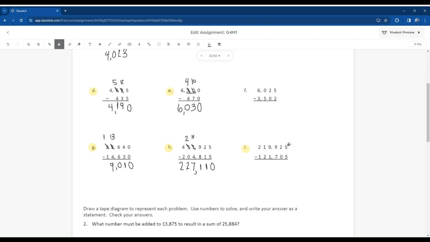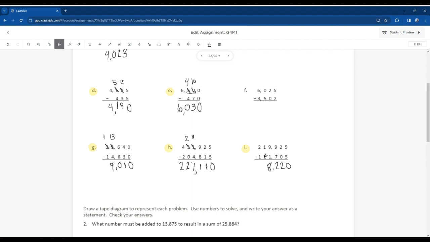And the last of our what I like to call straight up subtraction problems, without much of a context of a word problem, just practicing the skill, letter I. So 5 take away 5 is 0. 2 take away 0 is 2. 9 minus 7 is 2. 9 minus 1 is 8. Now over here we run into our dilemma where we have more on the top.